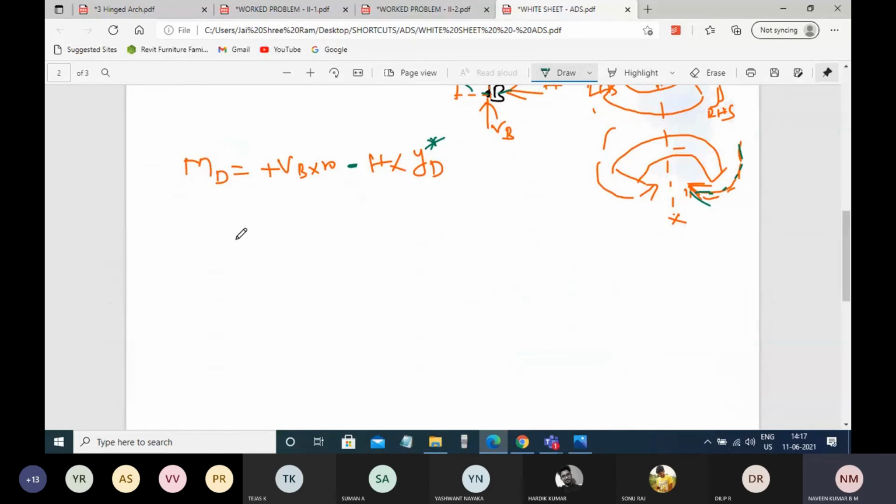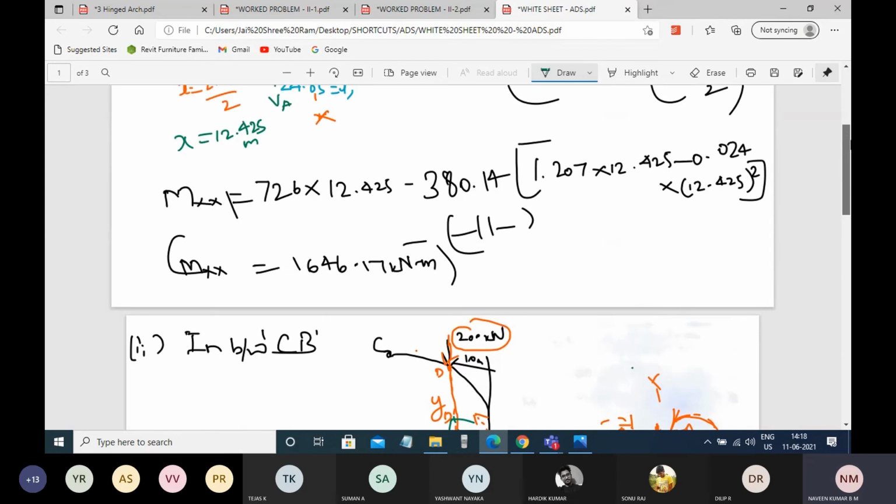Let me go to over here. Yes. So VB we already know. So VB equals 467.54 times 10, minus H, which we already know, that is 380.14, times YD, that particular equation, that is 1.707 minus 1.707 times x, where x equals how much?